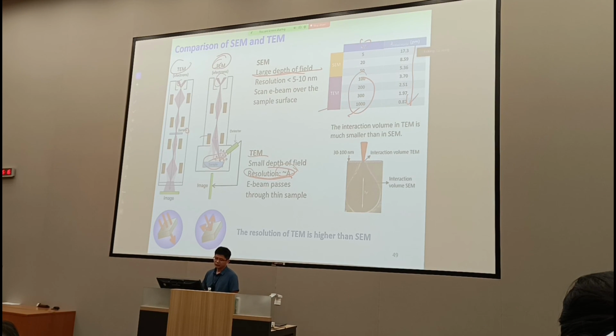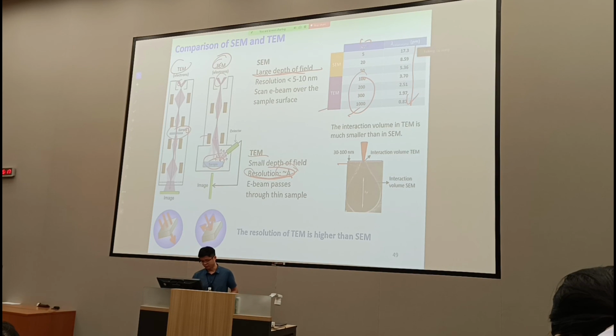But also, in the TEM, you are measuring a very thin sample. If it's too thick, all the electrons will be scattered, right? You cannot penetrate through the sample. You cannot do the transmission. So very often you are measuring very thin samples. When you measure graphene, it's a single layer, a few nanometers thick, right?